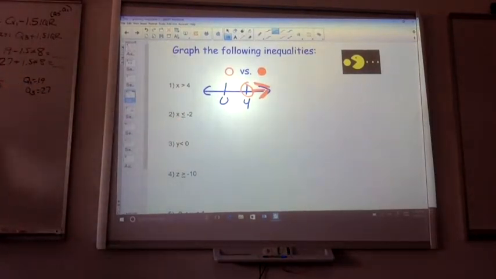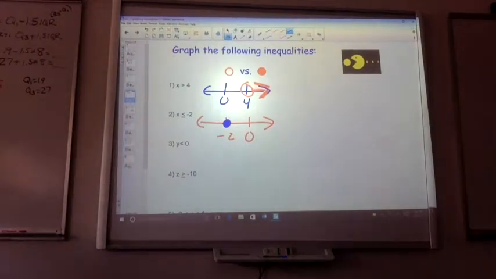So the second problem, I want values that are less than or equal to -2. So if I get 0, -2, it's important that you put 2 numbers at least, showing that you understand where numbers fall. But because there's an equal there, it's going to be a solid dot. Do I want values that are bigger than -2 or smaller than -2?